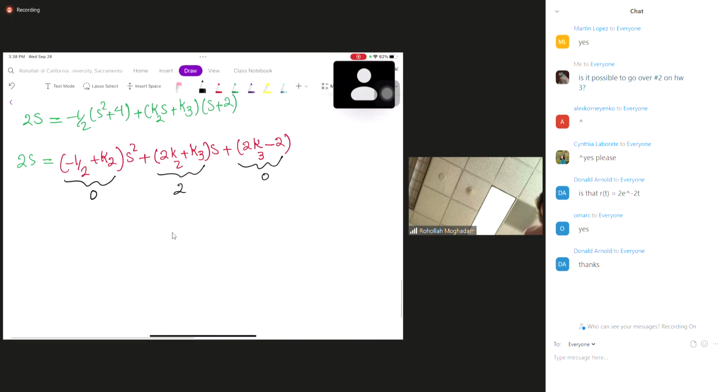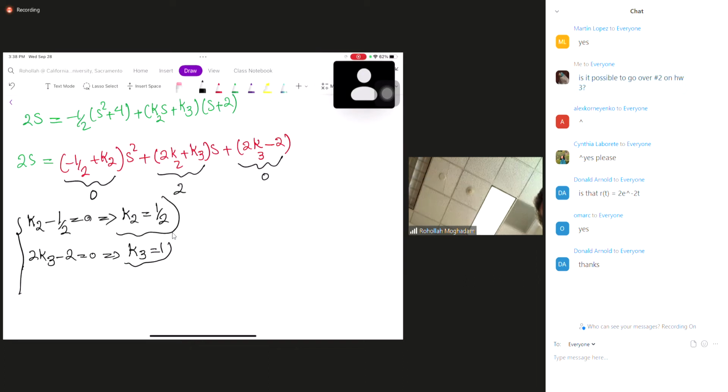All right. So we will have k2 minus 1/2 equal to 0. Therefore, k2 becomes 1/2. And from the equation 2k3 minus 2 equal to 0, k3 becomes 1.